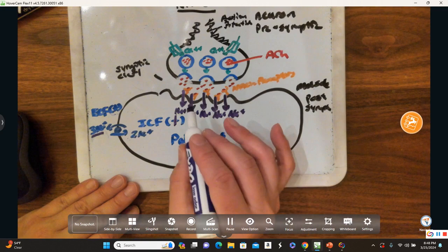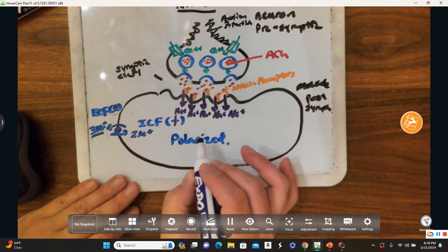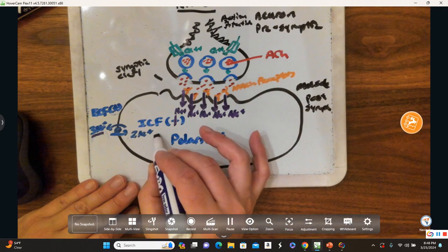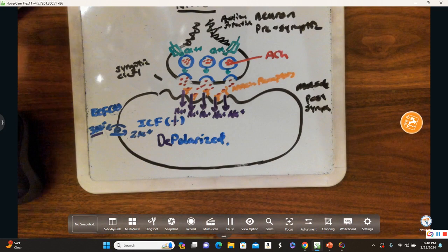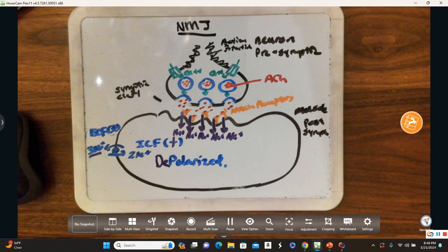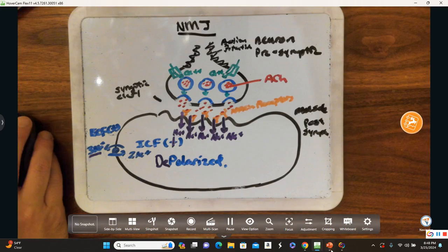And when this cell gets positive, it's no longer polarized, it's been depolarized. Now, when things depolarize, they get excited. And we're going to see what happens.